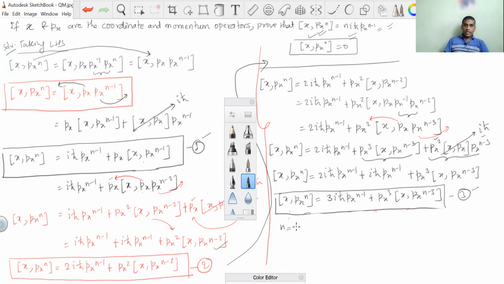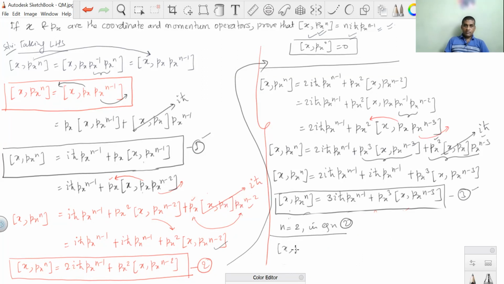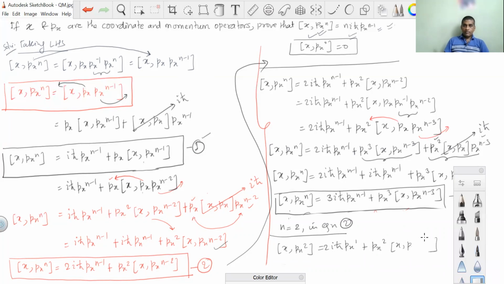Now putting n equals 2 in equation 2, we get the commutator of x, px power 2 equals 2 I h bar px power 2 minus 1, which is 1, plus px power 2 times the commutator of x, px power 2 minus 2, and we get px power 0, and this relation gives the value 0.